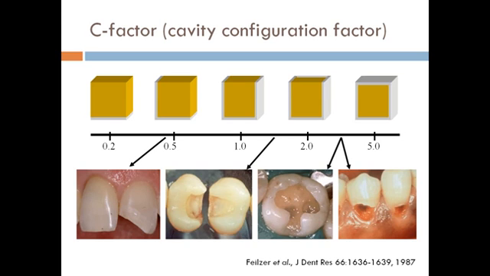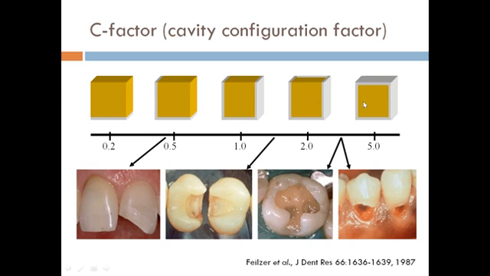The other thing that stress correlates to is the C factor, or the cavity configuration factor. This is nothing more than a geometry factor that correlates the amount of bonded surfaces to non-bonded surfaces. For example, in this case, this is a class 4 restoration. It's represented by this diagram, only one of the faces of a cube.